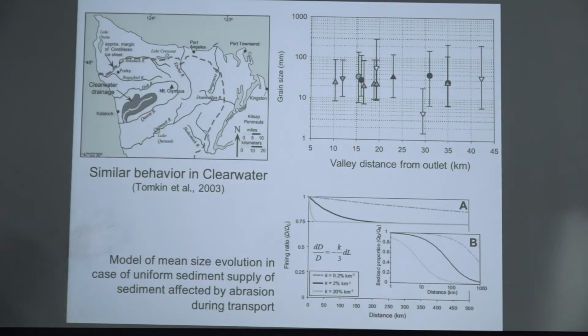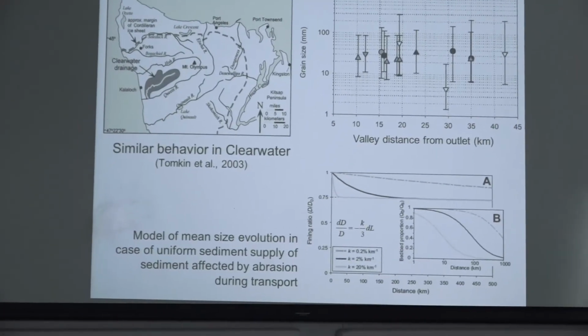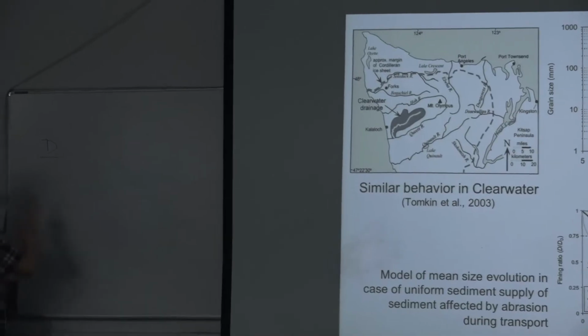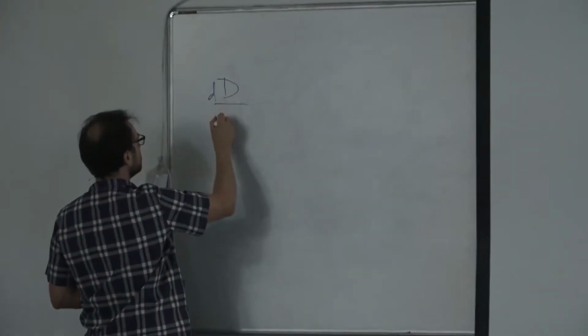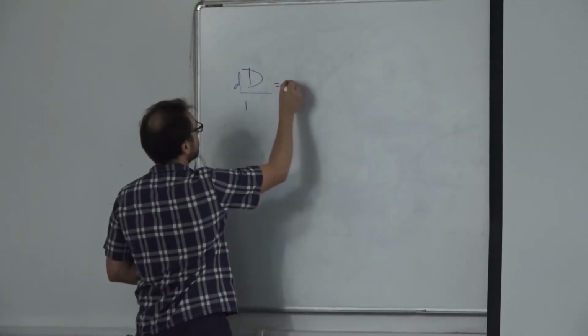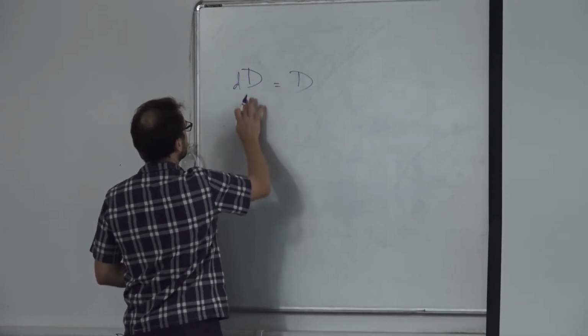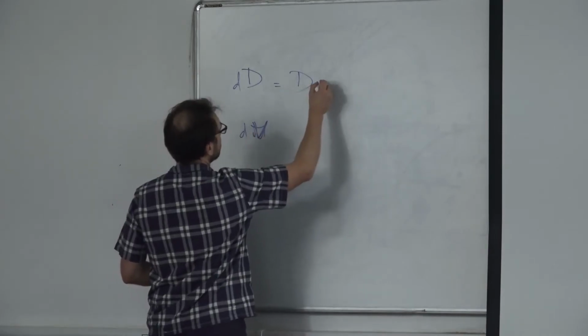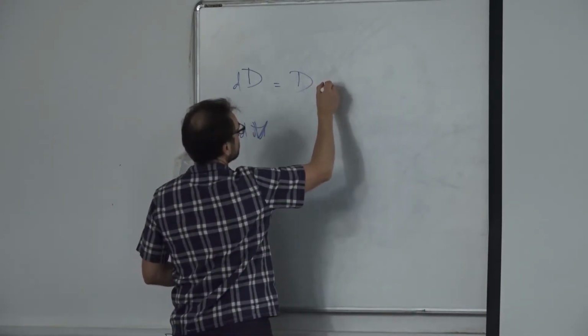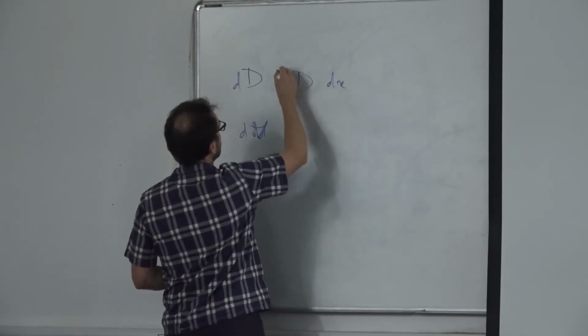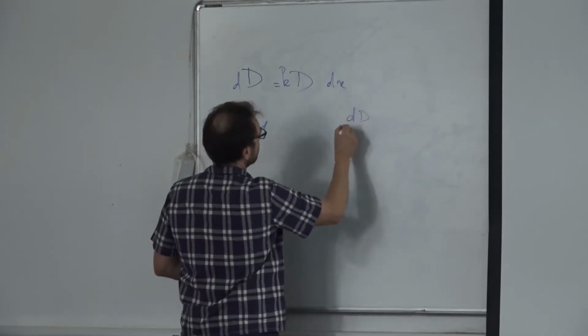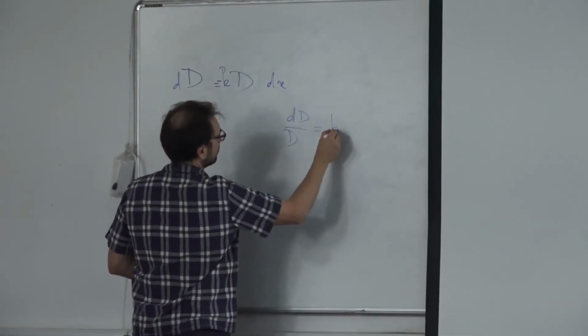In fact, finding uniform grain size is not so surprising, because let's consider a pebble. A pebble will go downstream, and if it is abraded, it will lose some material. If we consider that the decrease in size, or in mass or volume, depends just on the travel distance, you get dD over D equal minus k dx.